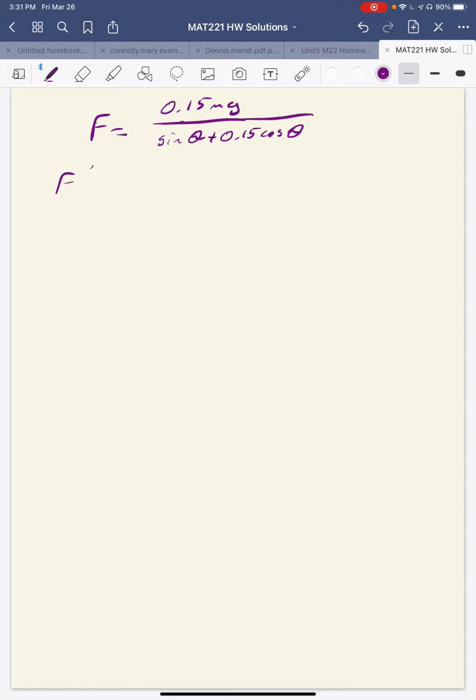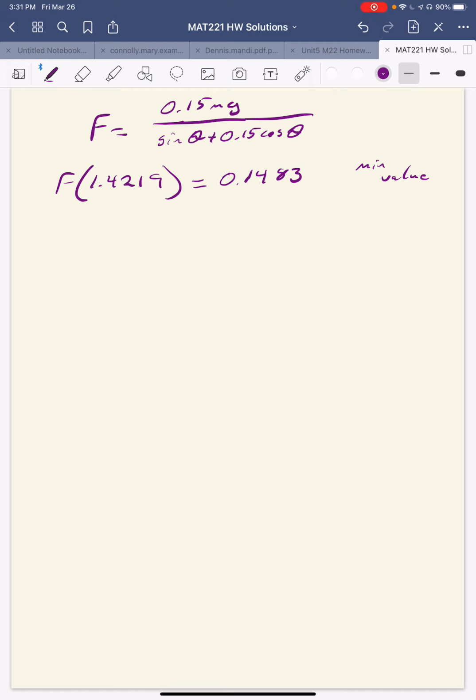So I'm going to evaluate f at 1.1429. When I do that on Desmos, I find out that f is equal to 0.1483, and I know that this is a minimum value. So that's the minimum amount of force she needs to move the sled.